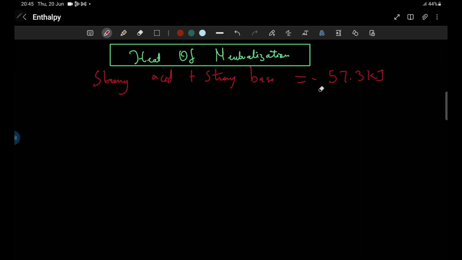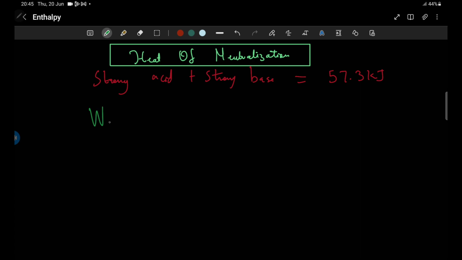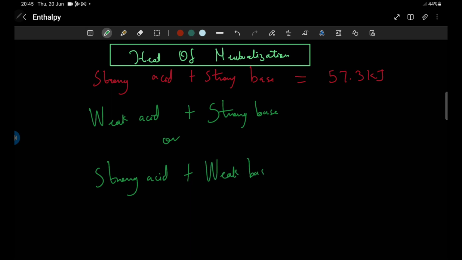But if you have a case of weak acid plus strong base, or strong acid plus weak base, the heat of neutralization will be less than 57.3 kilojoules per mole.